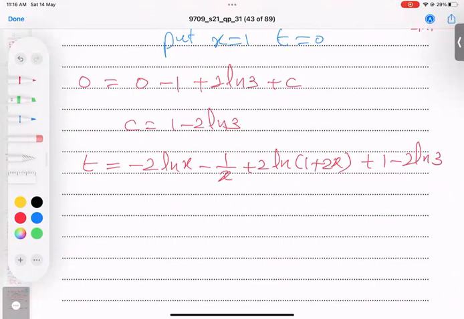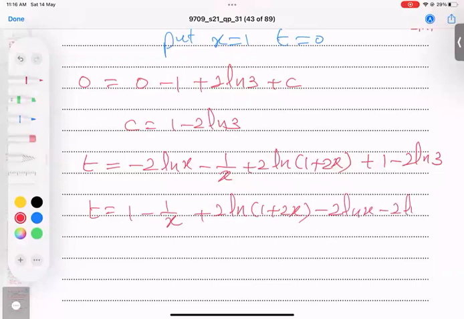Okay, or because there are three logarithms, if you make it one log, this is a good approach. So let's see. I'm writing first this 1, then I'm writing this minus 1 over x. Now, how many logarithm values? I'm writing 2 logarithm of 1 plus 2x, negative 2 logarithm of x, negative 2 logarithm of 3.